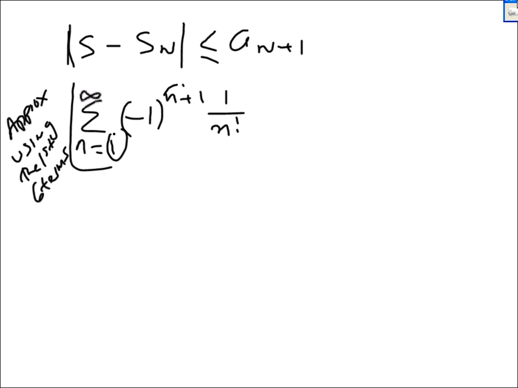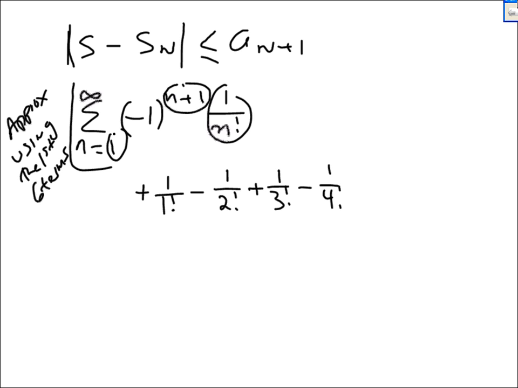N starts off with 1. 1 plus 1 is 2. Negative 1 to the 2 is positive 1. That is, it starts positive. And then you get 1 over 1 factorial minus 1 over 2 factorial plus 1 over 3 factorial minus 1 over 4 factorial plus 1 over 5 factorial minus 1 over 6 factorial.